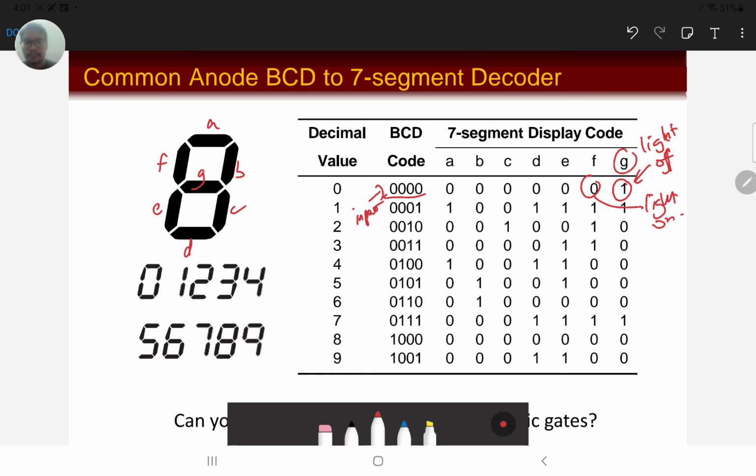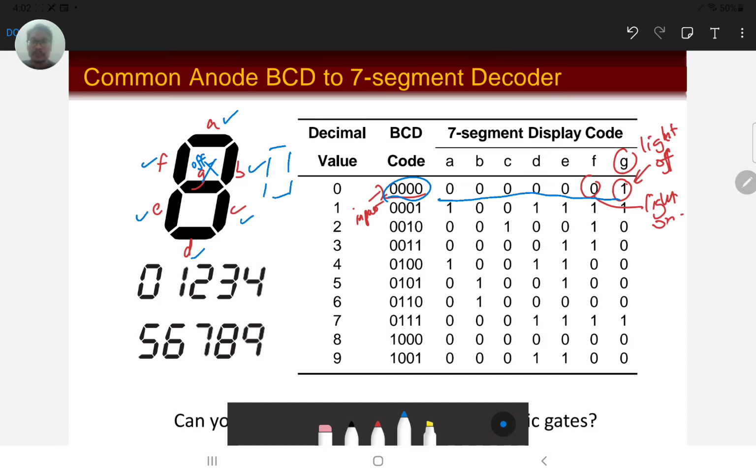So if you can imagine that this is on, and on, and this is off, we can see that it's actually a value of 0. So it's actually displaying a 0 on the 7 segment LED.